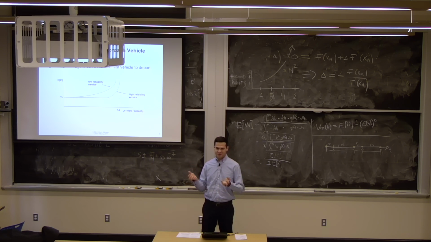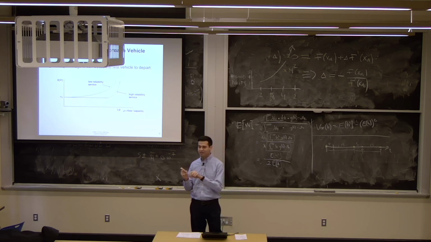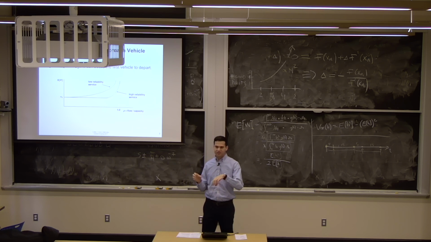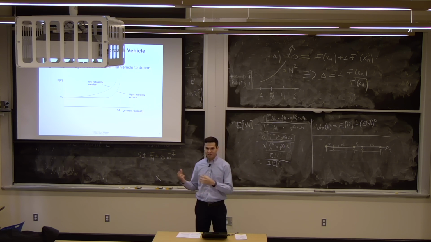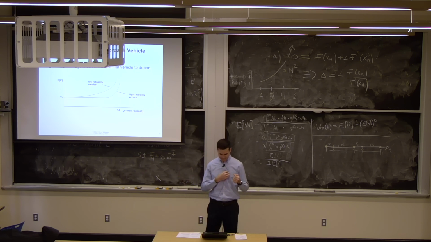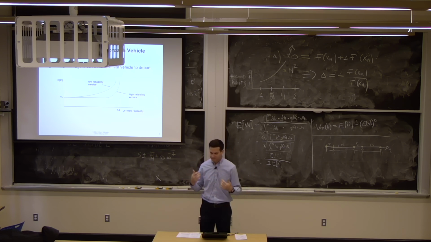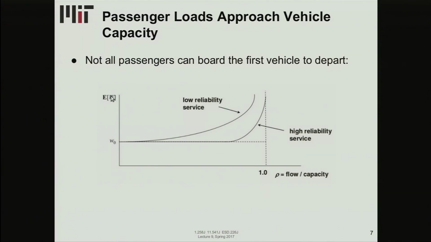So some vehicle will leave with some remaining capacity, and the next vehicle won't have enough space for that person. And then the vehicles themselves will not arrive perfectly evenly. So now you have a chain reaction of people waiting and not being able to board. And unless you increase the capacity, you're going to have more and more people waiting and being left behind. So the actual expected waiting time would increase as your ratio of flow to capacity approaches 1.